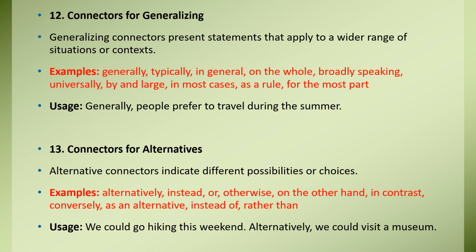Connectors for alternatives. What does that mean? Alternative connectors indicate different possibilities or choices. For example, alternatively, instead, or otherwise, on the other hand, in contrast, conversely, as an alternative, instead of, rather than.